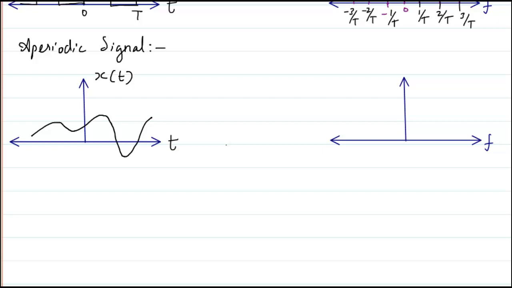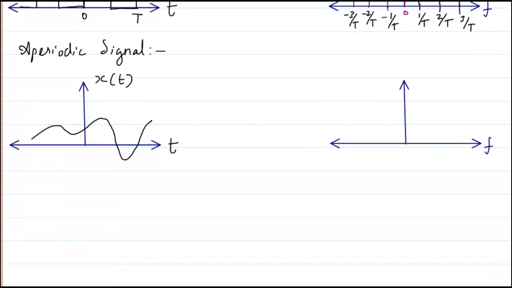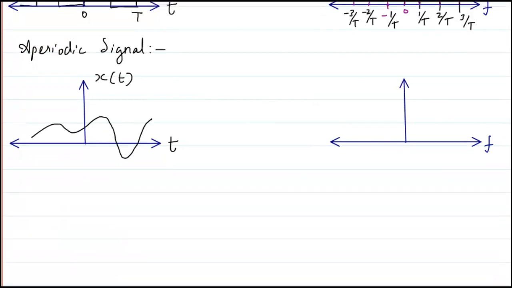Then you will get a frequency domain which is also continuous in nature and not discrete in nature, as you can see here. Here we had all discrete frequencies, one at 0, one at 1 by T, 2 by T, 3 by T, multiples of 1 by T, isn't it? So that you will not have in the frequency domain.